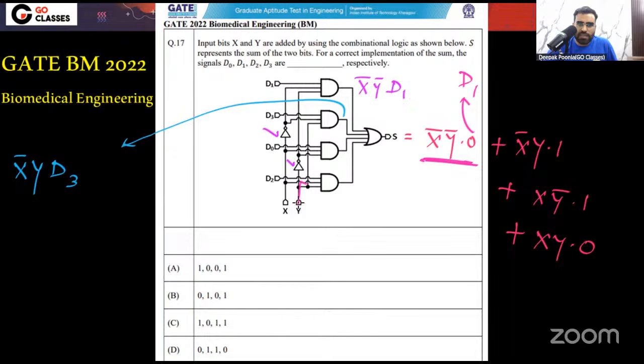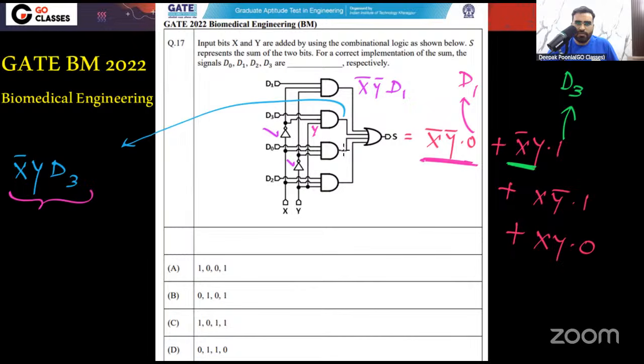Remember, this y is going here, so here we are getting y, and the middle input is x bar, and this is d3. So for this AND gate, the output is x bar y d3. Let's match x bar y d3 with x bar y. This is d3, so d3 is 1.